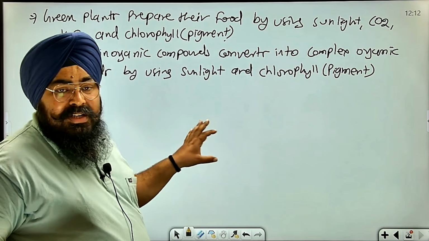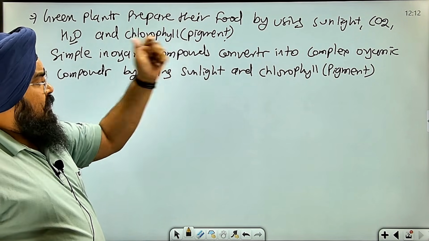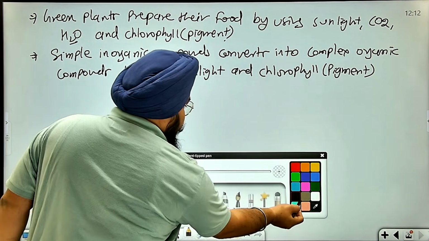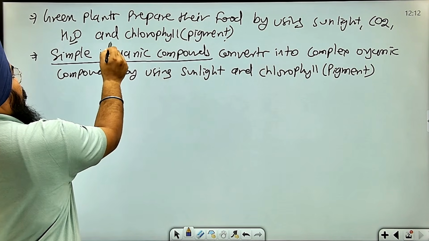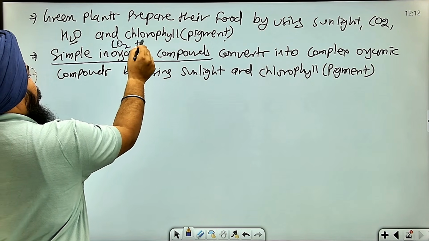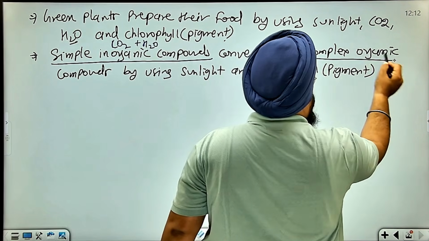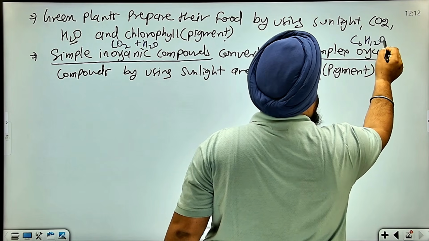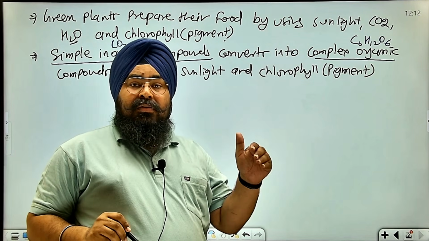In the first definition, we also wrote about CO2 and water. But in the second definition, we did not write water or CO2. But the important thing is that the simple inorganic compounds are CO2 and water. The complex organic compound is glucose, C6H12O6.